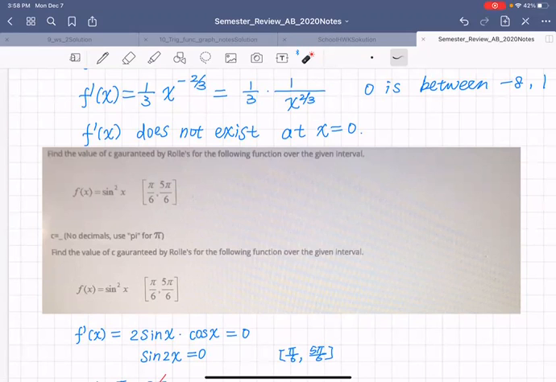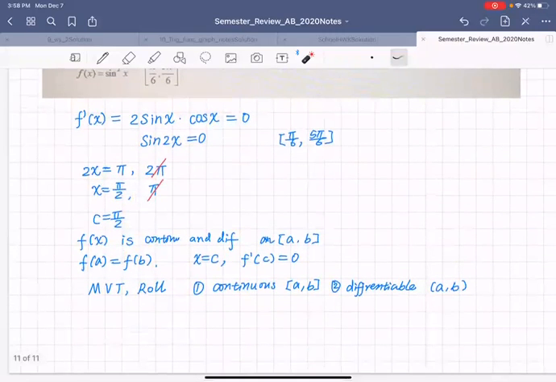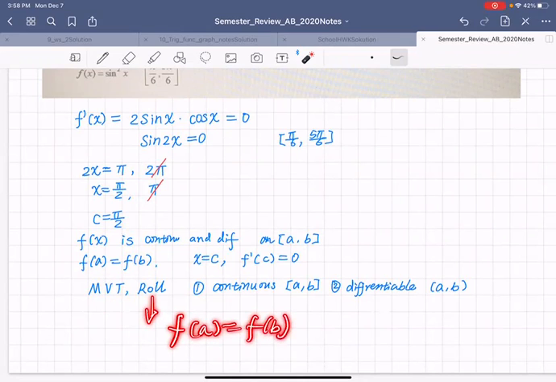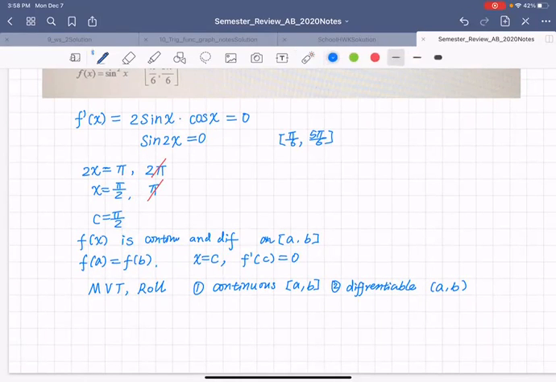For Rolle's theorem, you just do an extra step. For MVT, these two are good enough to go. For Rolle's theorem, you need to say one more thing: f(a) equals f(b). That's why Rolle's theorem applies. So you can treat Rolle's theorem as a simple version of MVT. MVT says you have a point c where f prime c equals (f(a) minus f(b)) over (a minus b).